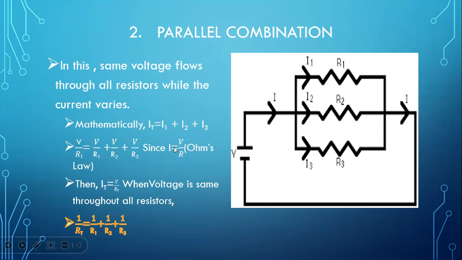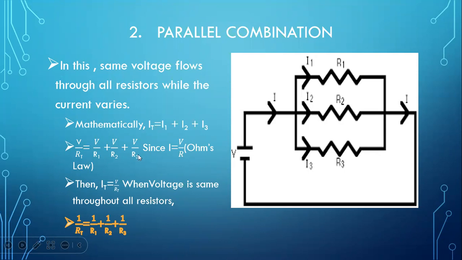Since from Ohm's law, I is equal to V over R, we have just substituted these values for the I's. So I total will be V over R total. For I1, where there's R, you input the values R1, R2, R3, but the voltage is the same.